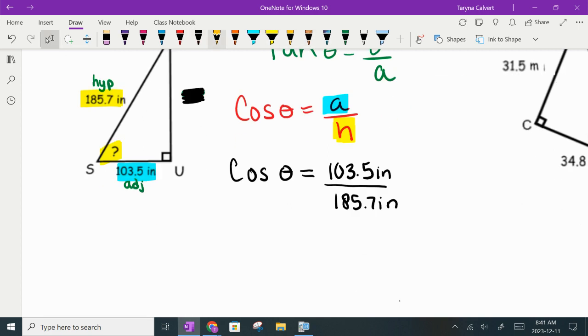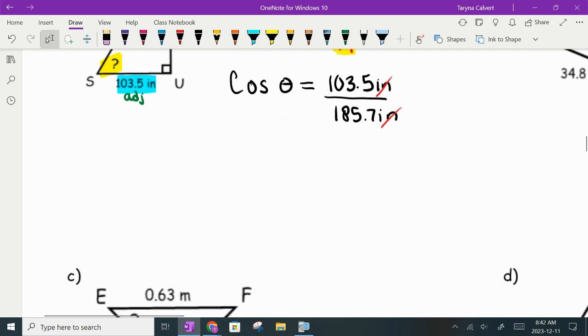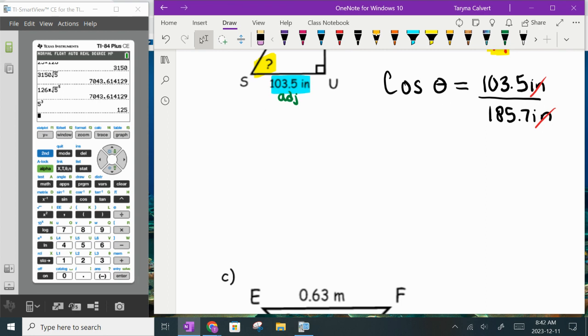And then we talked about that you don't technically have to put the units in because the units disappear, because they divide out. So all we do now to solve for theta, does anybody remember what button we press on the calculator? We have to hit, right, second, inverse. So to get cosine off of theta, guys, it's inverse, right?